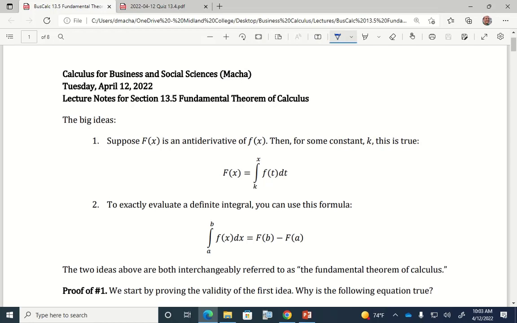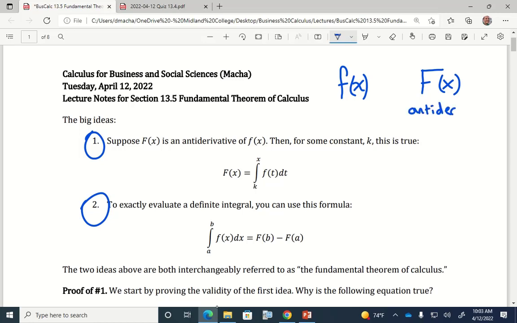The big idea is about what we call the fundamental theorem of calculus, and you'll see this in a lot of places. They break up the fundamental theorem of calculus into two different mini sub-theorems, if you will. Whenever we're talking about a function f of x, in this class, I'm going to use the notation capital F of x to represent the antiderivative.